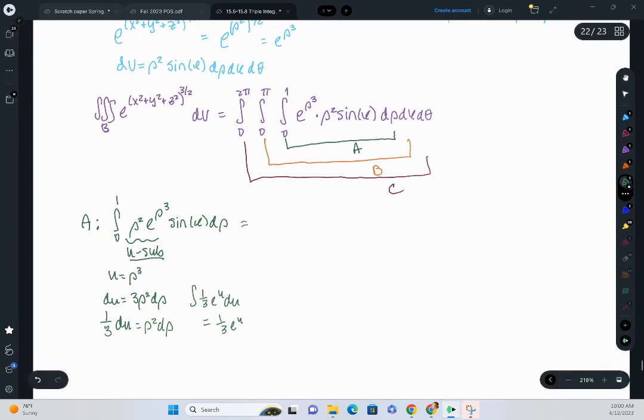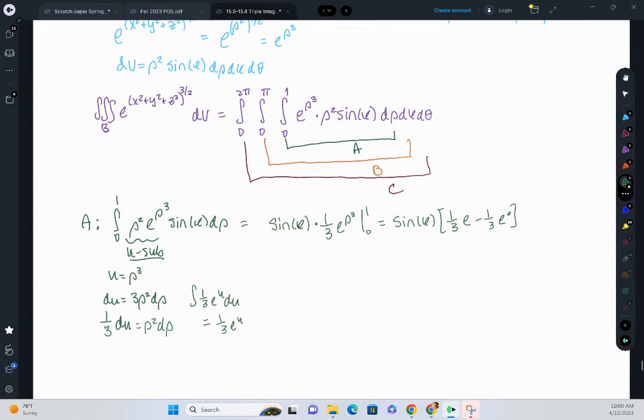All right, so this gives me a sine of phi on the outside. I'll just go ahead and deal with that as a constant, times 1/3 e to the rho cubed from 0 to 1. Well, this just becomes sine of phi times 1/3 e to the 1 minus 1/3 e to the 0.